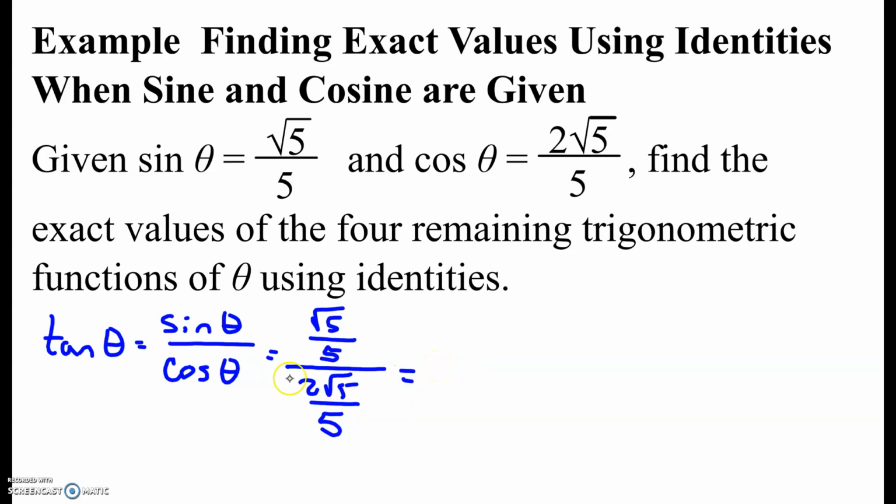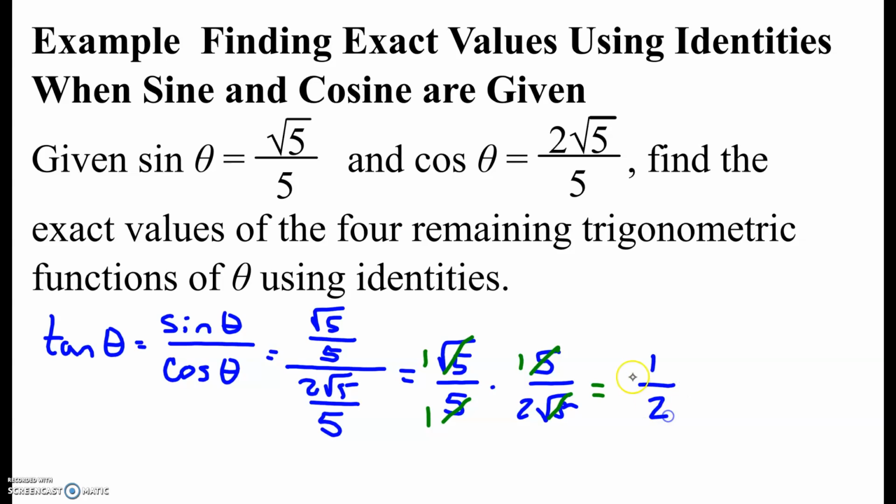And then we can use the idea that dividing by a fraction is the same as multiplying by its reciprocal. In this case, the square root 5's cancel, leaving us with a 1, and the 5's cancel, leaving us with a 1. So if we multiply straight across, we get 1/2.